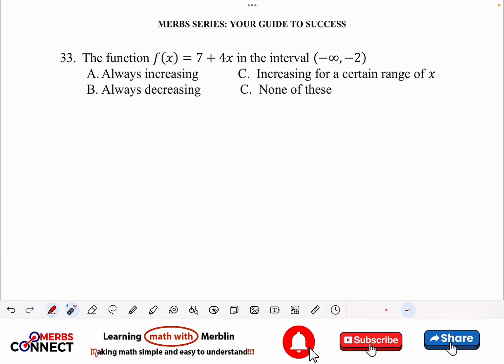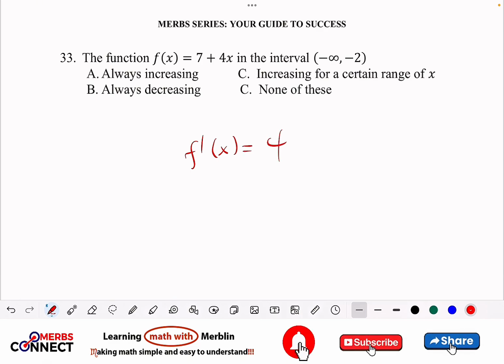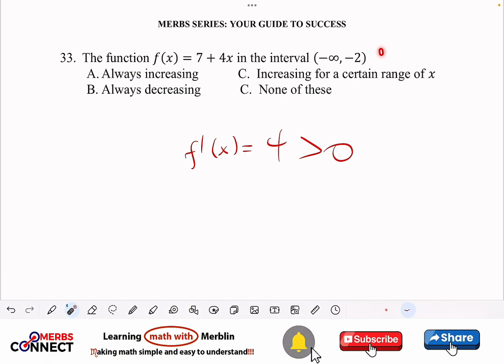So with this one, what we just need to do is we need to differentiate the function first. So when I differentiate it, I'm going to have 4. And 4 is positive. So you see that the function is going to be increasing always between this interval here. It's going to be increasing because this is a constant, and no matter the value of x that we are going to choose between this, it is going to still be always 4. So this one is going to be always increasing.